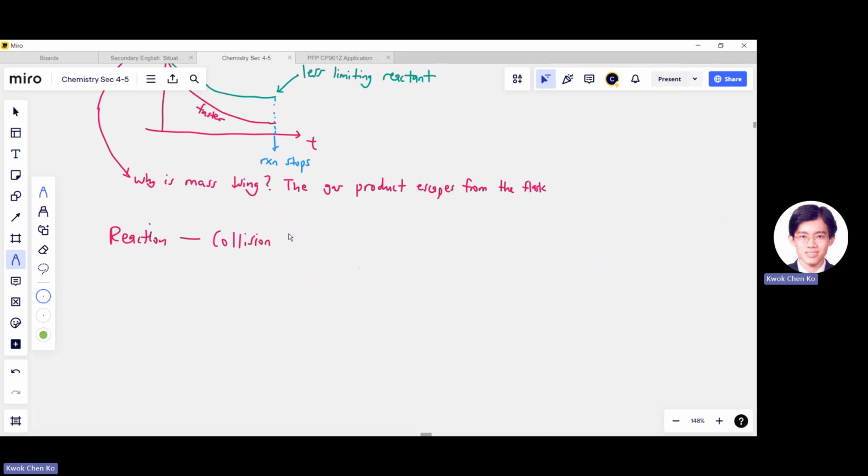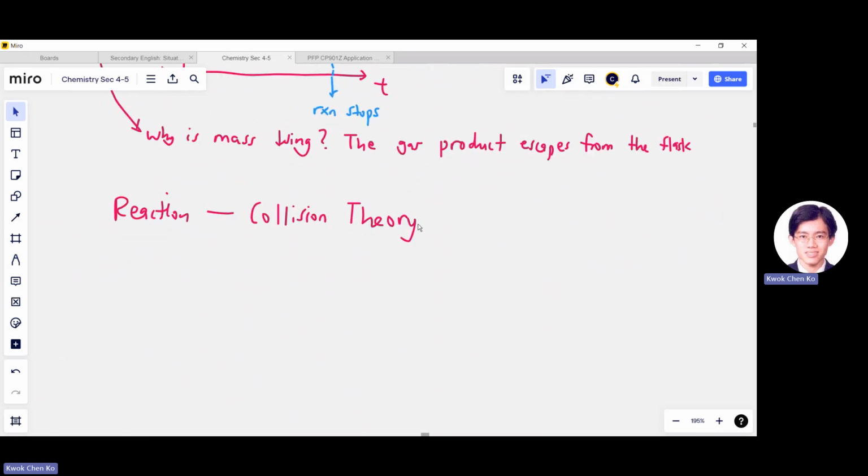Thinking about atoms now. It's about atoms. This is just one of the possible explanations for a reaction. Remember bond breaking and bond forming? That's the other theory that you need to know, but this is a different theory.